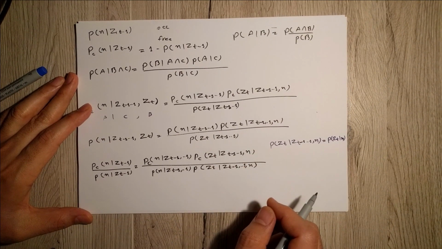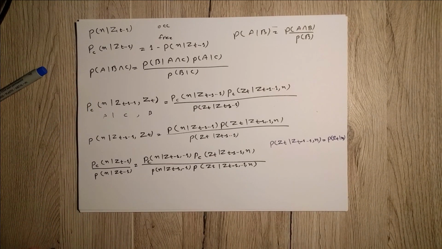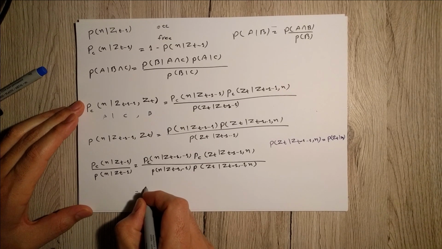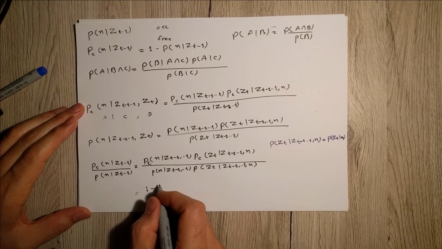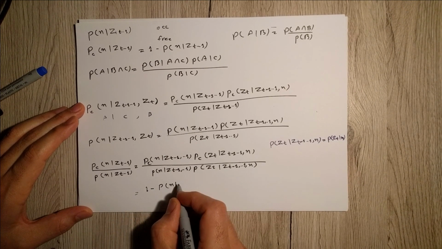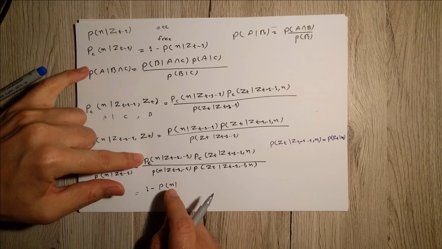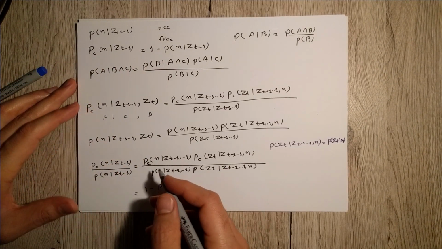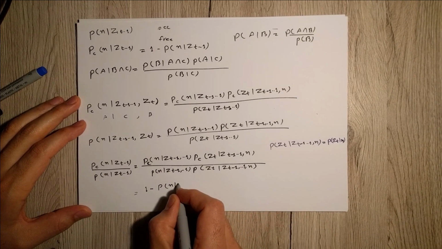we can make these two terms a little bit simpler, and we will write it like this. For this term, I'm just writing it like this. The probability of the complement is always equal to 1 minus the probability, so 1 minus n.